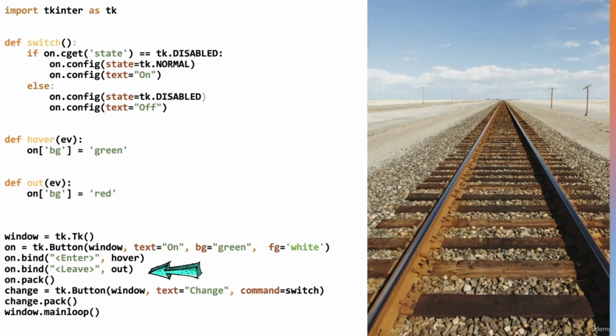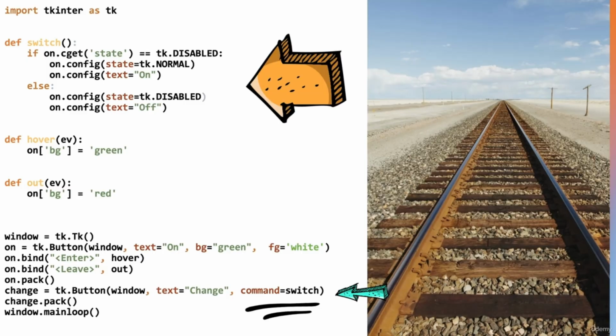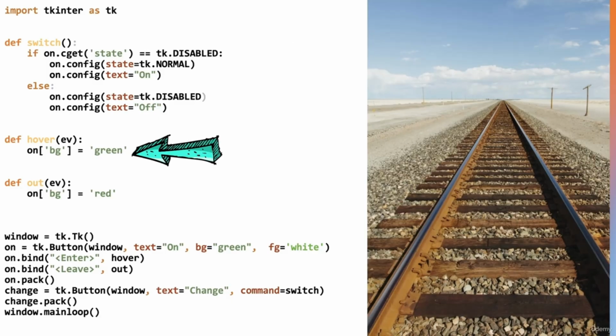Before we proceed with the creation of the second button, we will apply the pack method on our first button. The second button will be titled change, and we will bind the switch callback to it. Take a look at the hover callback.